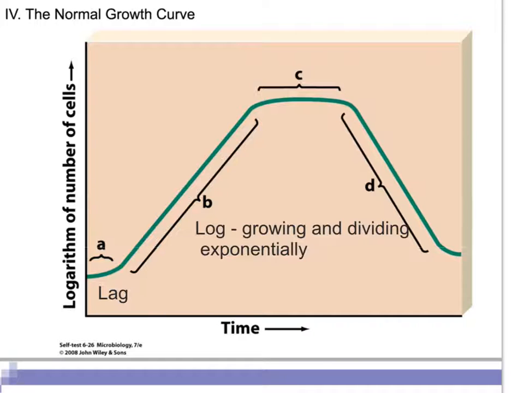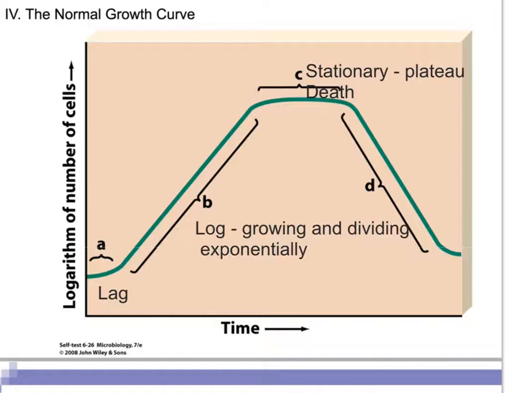Now at the top here, this is called stationary. I always think of it as a plateau. Basically what's happening in this phase is that death of cells is equal to the growth of cells.